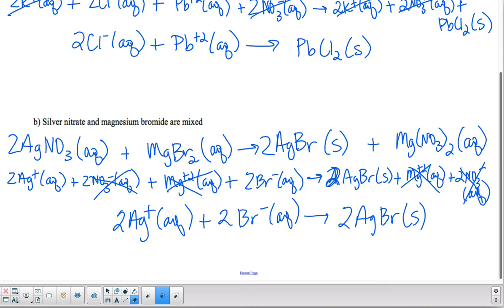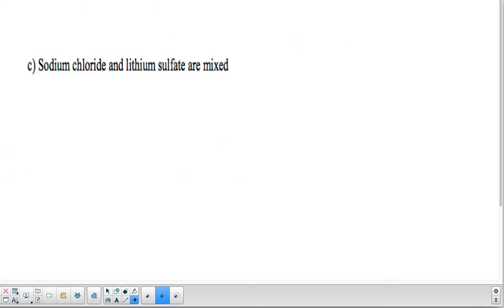Okay. Now let's move on to ones that are a little different. Sodium chloride and lithium sulfate are mixed. Let's take a look at this. See if we can see anything special about this one. Sodium chloride, what do I write? Aqueous. Lithium sulfate, Li2SO4. What's its state?